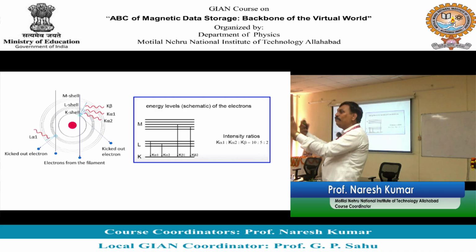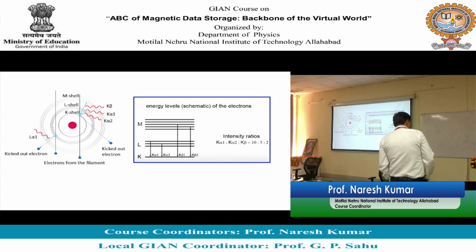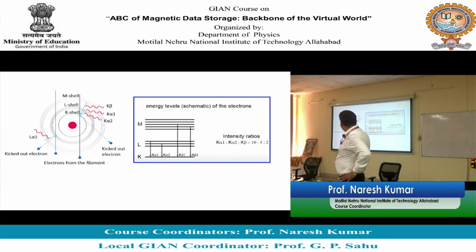If I try to filter K alpha 2, I would be compromising with the intensity of K alpha 1. So unless it is needed, I don't think it is going to create any problem for you, because these wavelengths are very close. So for bulk or polycrystalline samples, X-ray having K alpha 1 and K alpha 2 is okay.